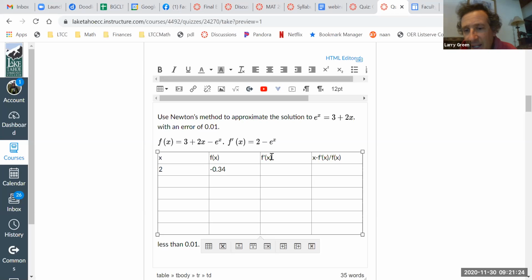So that means there should be 5 less. 5 less than that, I can do in my head. It saves me time. Negative 5.34. Any questions on that little trick?